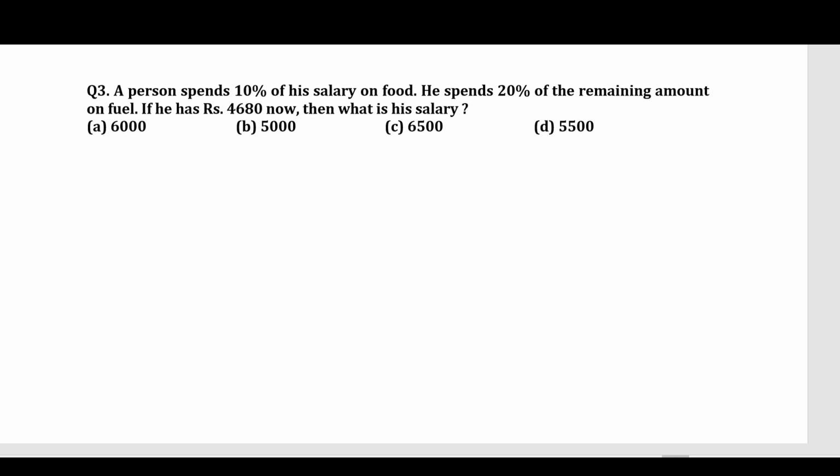The person's total income, his salary, is 100%. He spends 10% on food, so 90% remains.